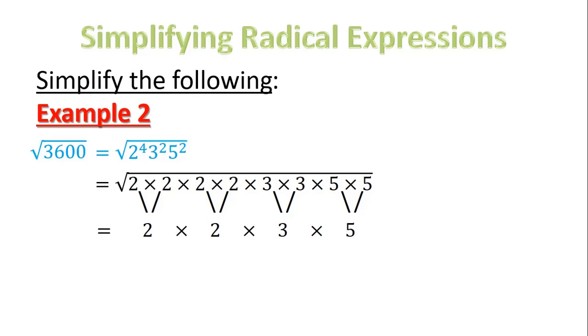And so I end up with 2 times 2 times 3 times 5. I put those all together, and that equals 60. And so the square root of 3,600 is 60. Again, have a bit of a look and see how I did that.